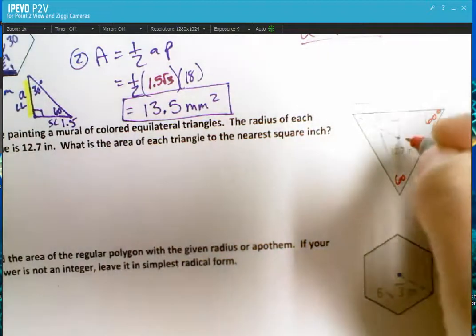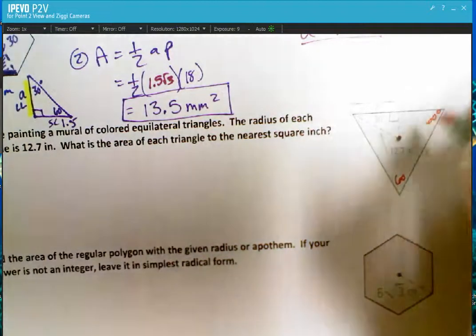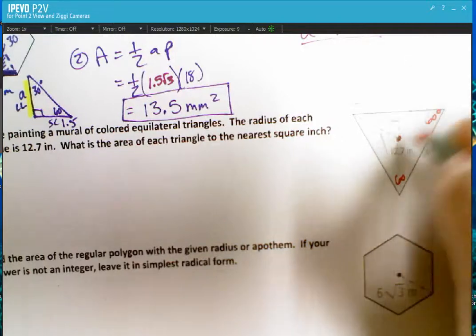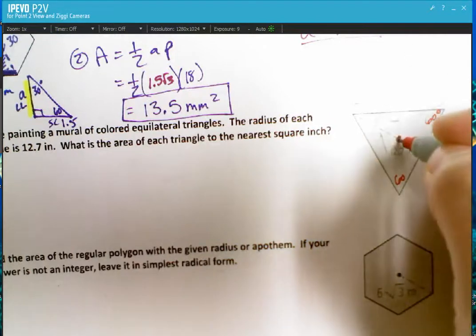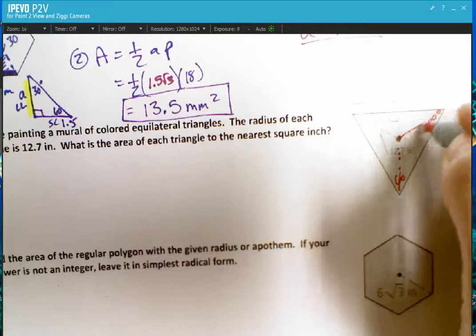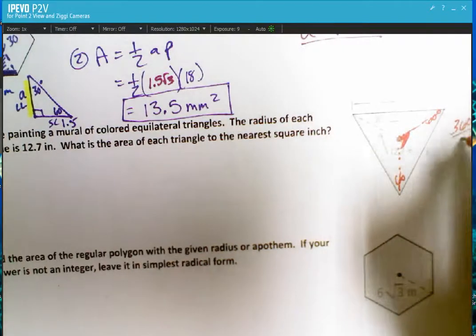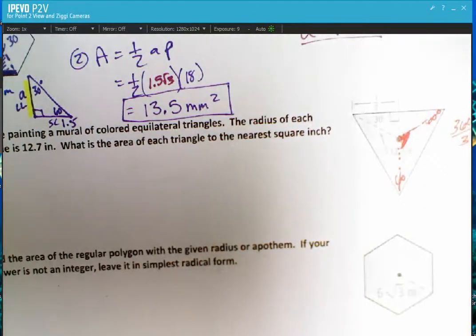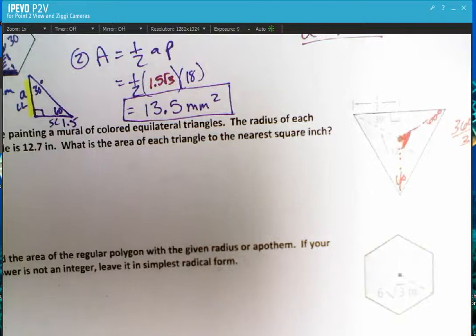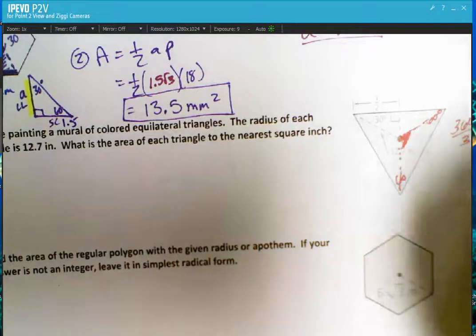We know that this central angle created, here's my central angle, this whole angle here is 360 divided by the 3 sides that I have, which gives me 120 degrees.